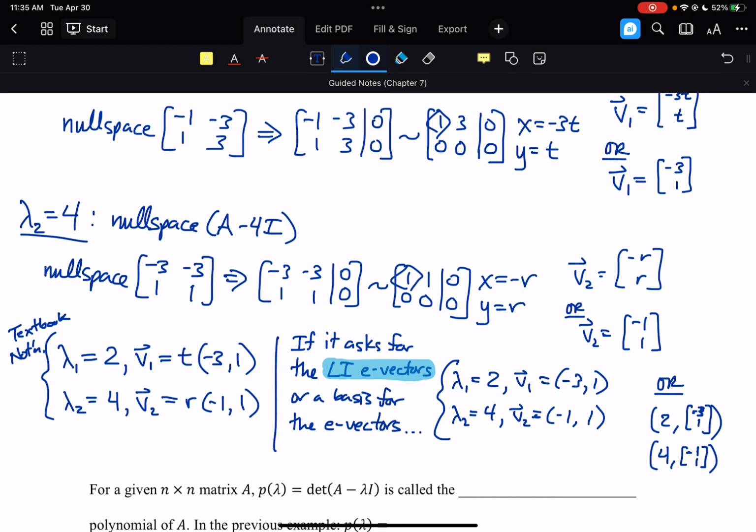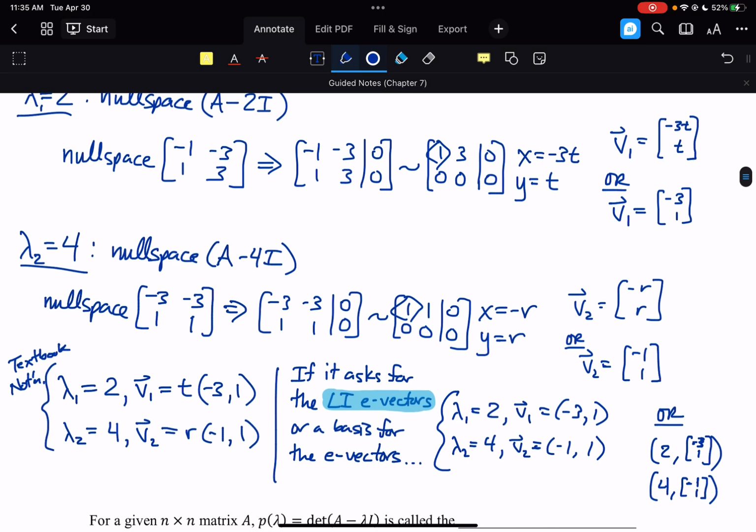So a lot of different ways of writing it. Technically speaking, they are vertical vectors. They're written like column vectors like this. But we have a general understanding that if we write them in this kind of row vector form, we still understand that they would look like this.